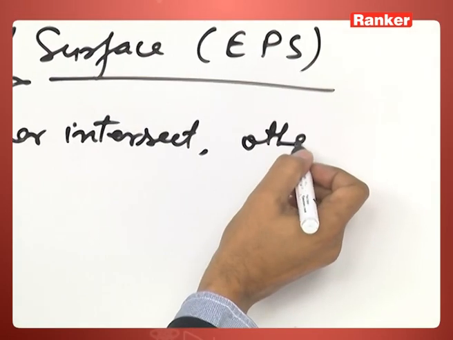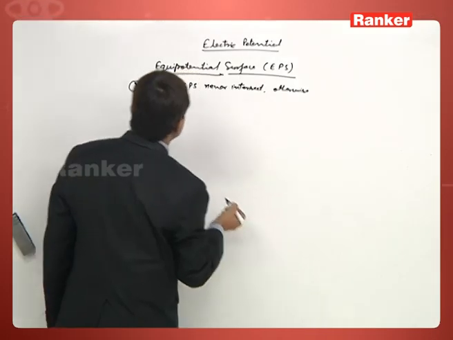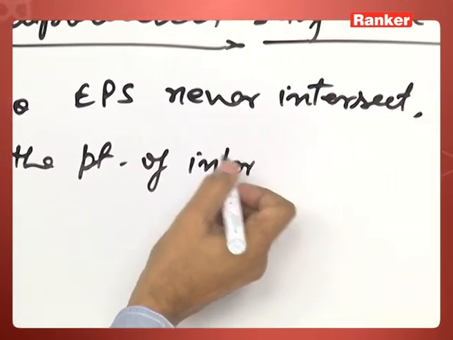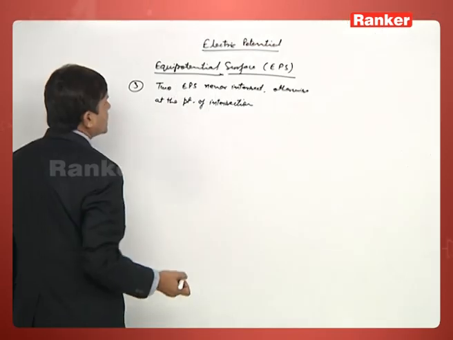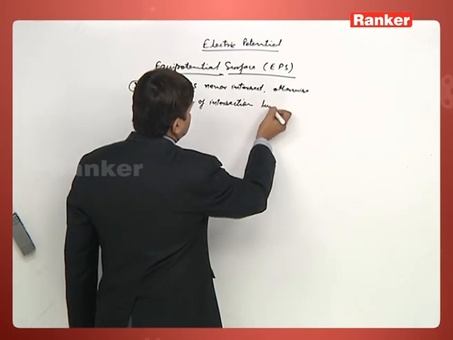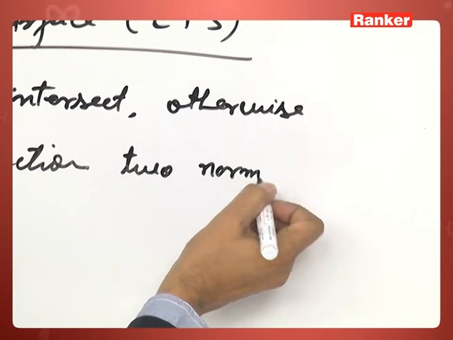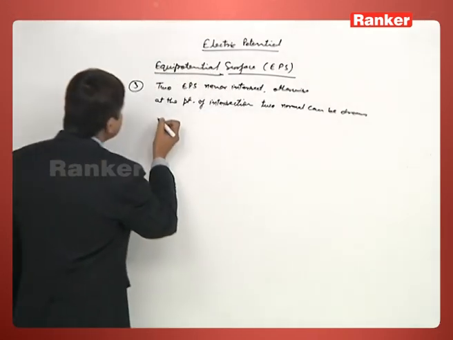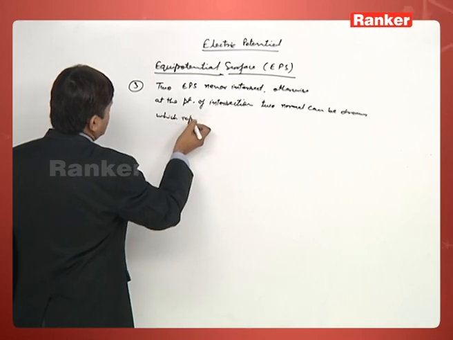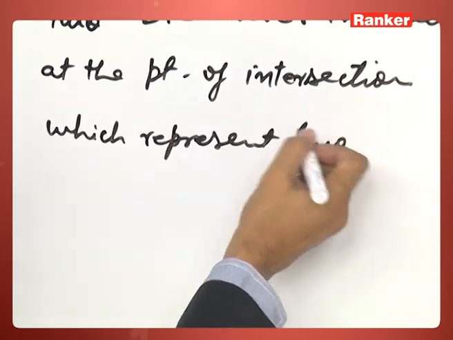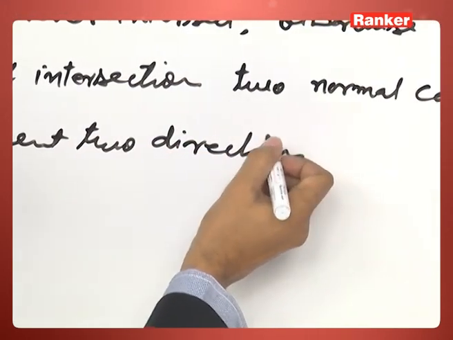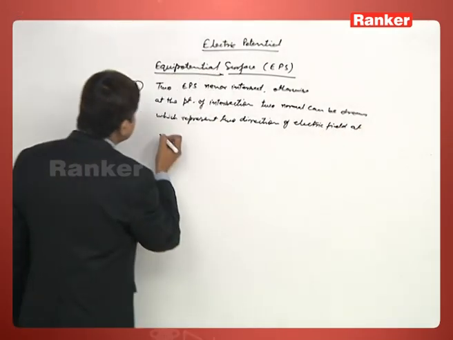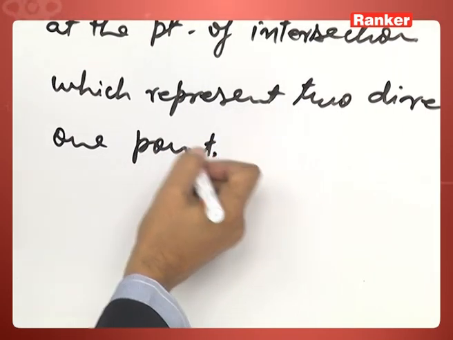Otherwise, at the point of intersection, two normals can be drawn, which represent two directions of electric field at one point, which is not possible.